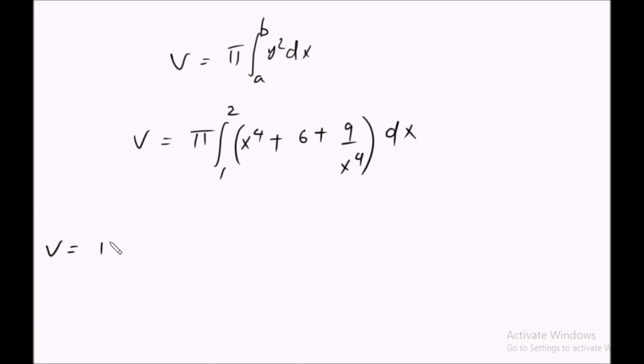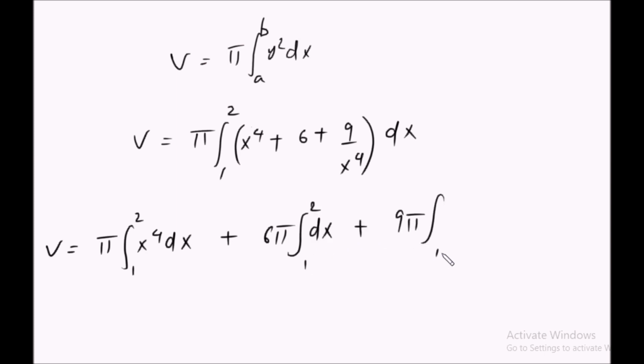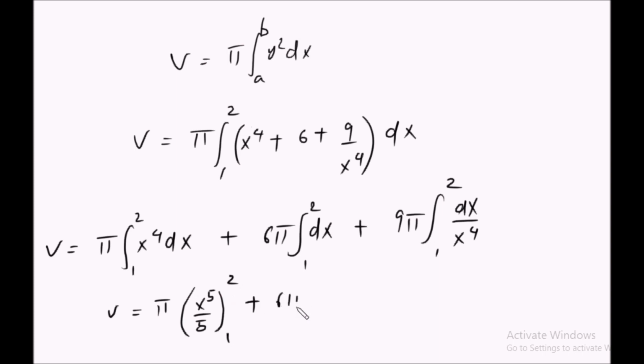Itakuwa ni sasa na pi, manake ni integrate x power 4 dx jumlisha 6 ni constant, natoa nje pamoja na pi, nabaki tu na dx jumlisha nje 9 takutana na pi, nabaki na dx over x power 4. So my volume now is going to be pi. Hapa tutapata x power 5 over 5 jumlisha 6 pi.